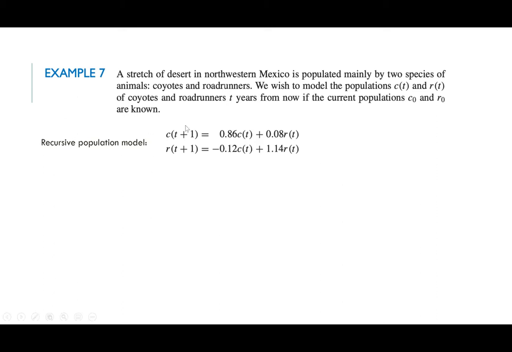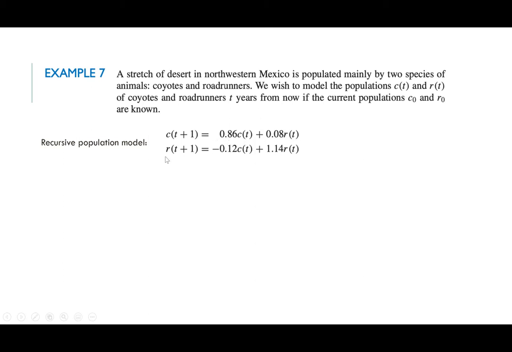So we're saying, all right, if we know C of t, the number of coyotes at a certain time, and R of t, the number of roadrunners at a certain time, then this population model says that the number of coyotes a year from this time is given by this equation.